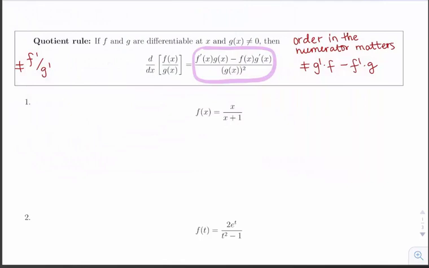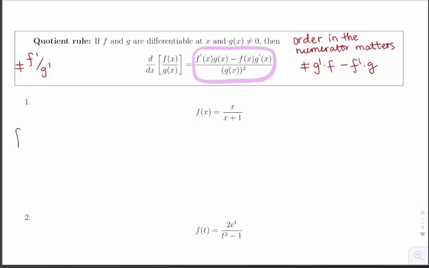Okay, the first one says compute the derivative of the function x over x plus 1. So in this case, your f would be just x and g would be x plus 1. So we'll start with an example that's kind of simple.